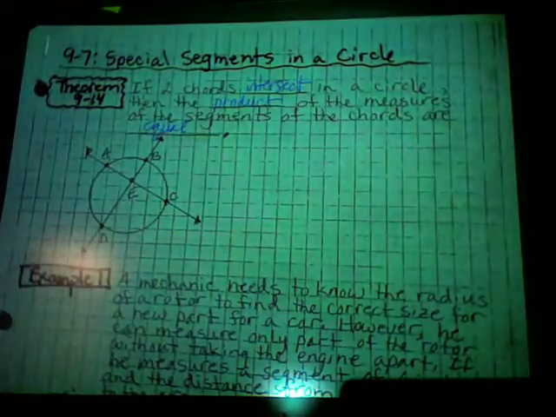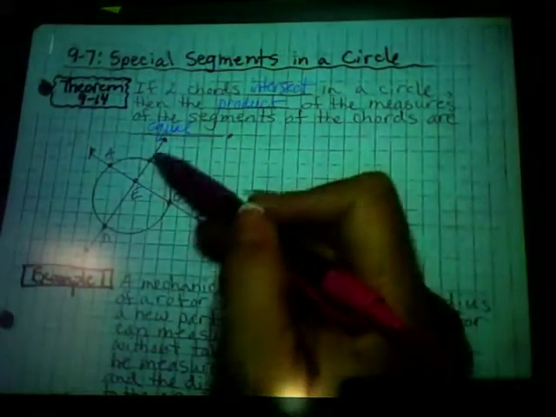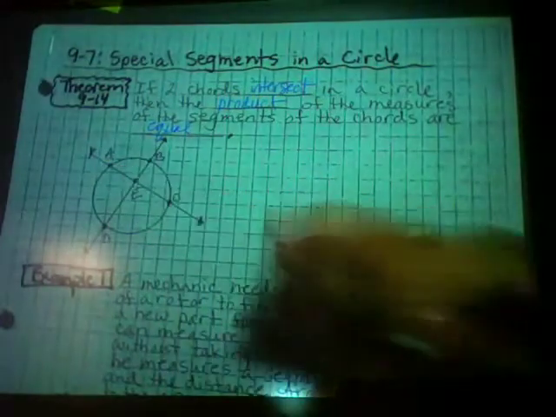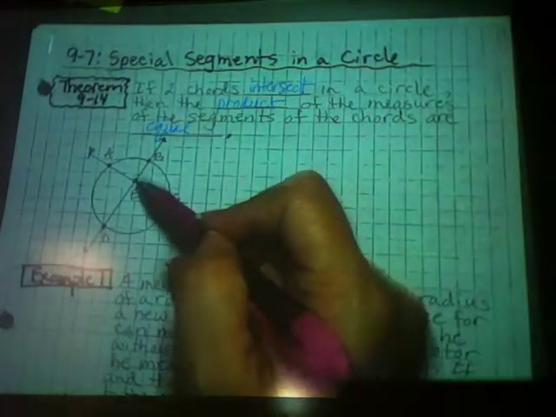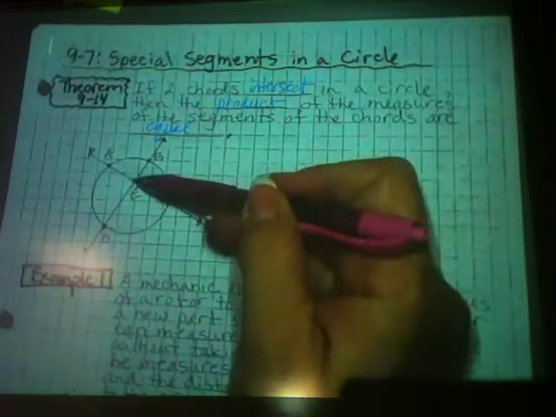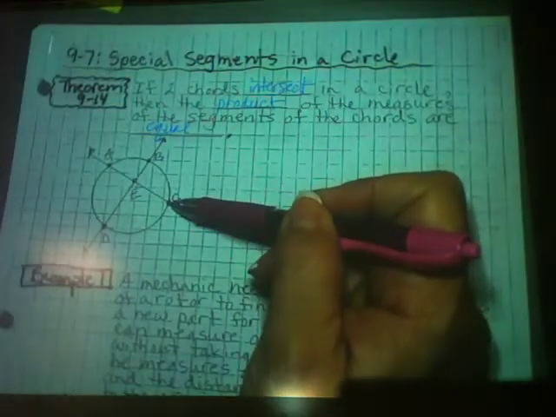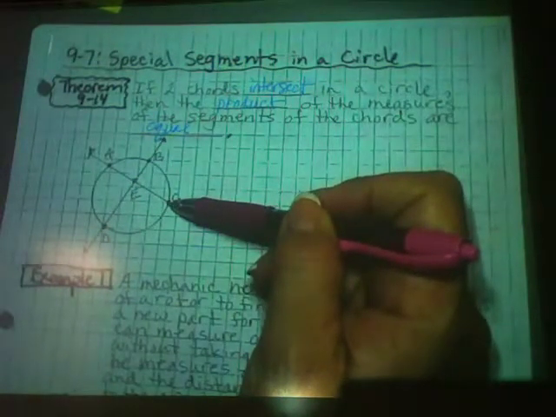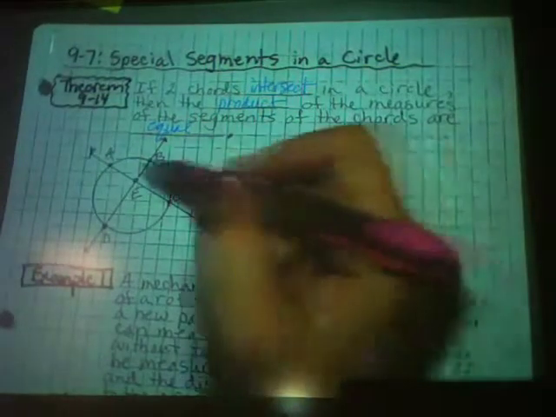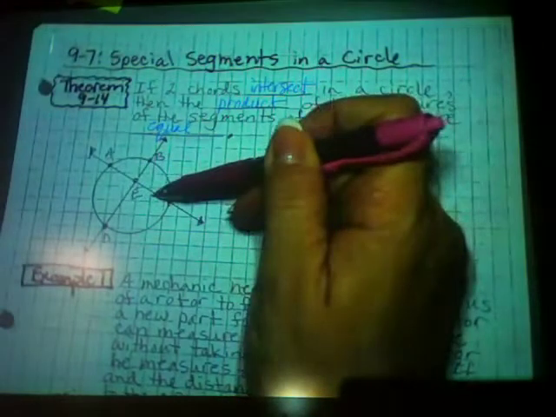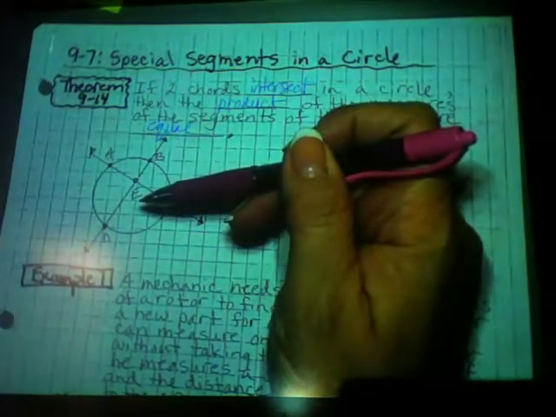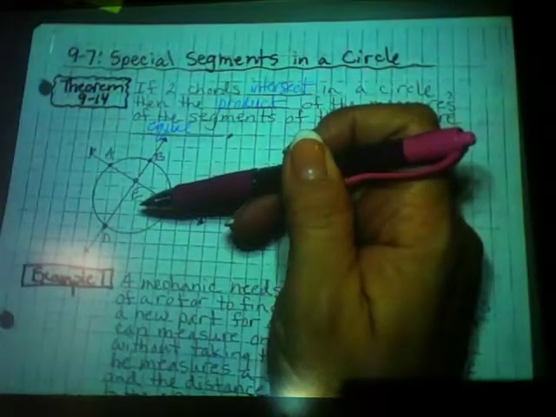In other words, these secants, which have chords of the circle in them, create one piece, two pieces, three pieces, four pieces. So there's 4 pieces cut. And if you multiply this piece times this piece, it equals this piece times this piece. So you put the pieces that belong to the same chord on the same side of the equal sign.